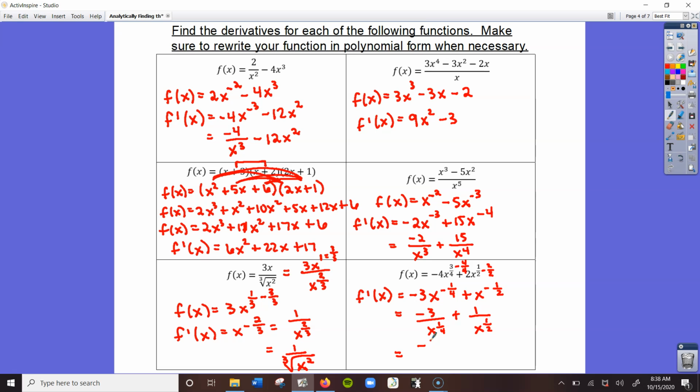So negative 3 over x to the 1/4 is the 4th root of x to the 1st power, so x, plus 1 over x to the 1/2. The 2 is a square root. We don't need to write 2 as the root because it's implied, and then x to the 1st.